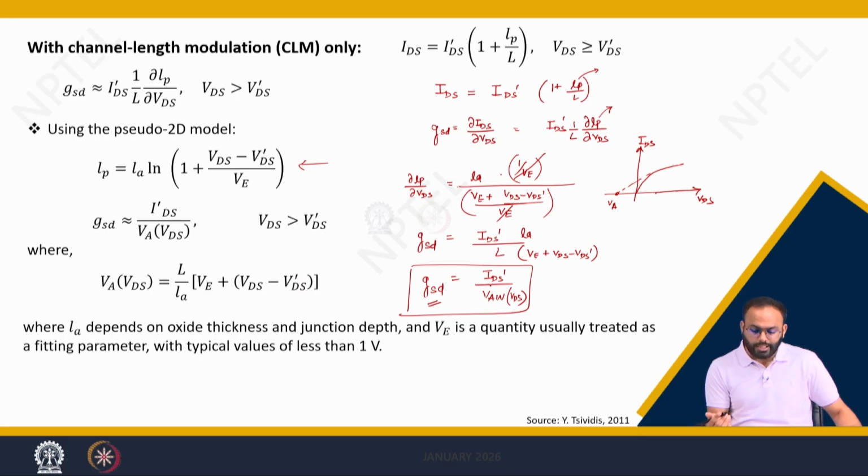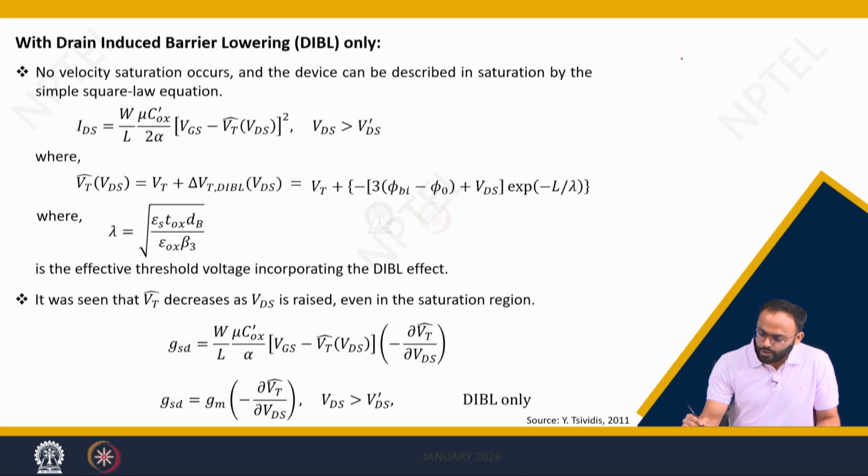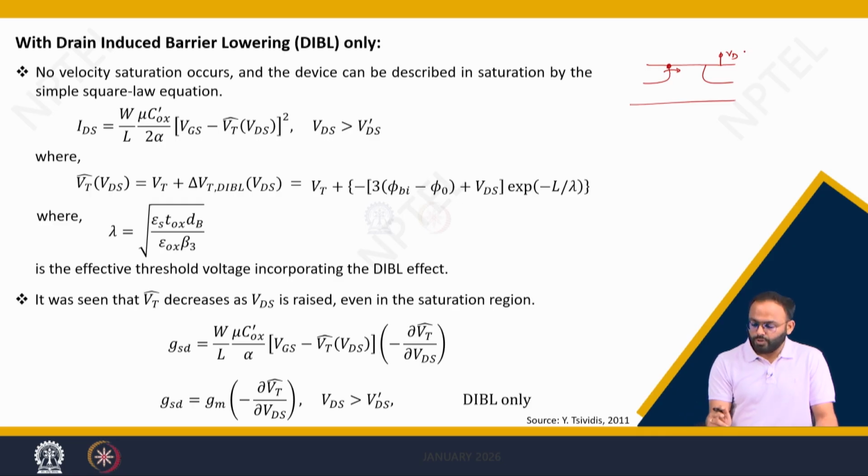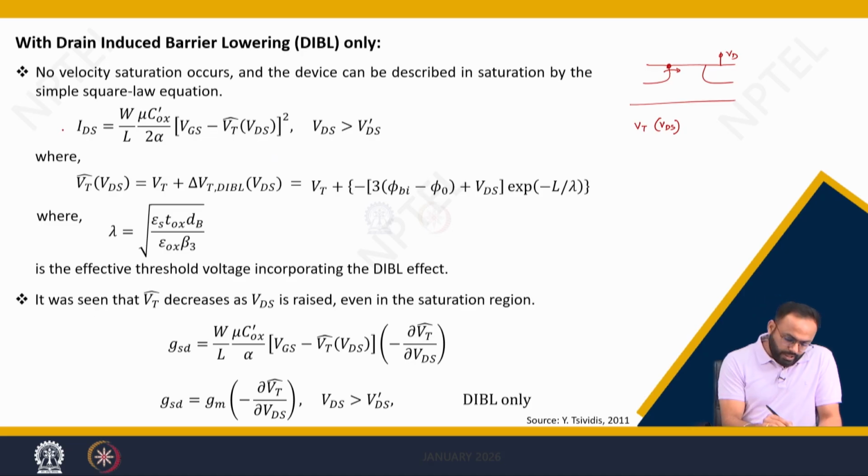Let us make another attempt to include DIBL. We said that when drain induced barrier lowering comes into the picture, meaning this is the source channel barrier and this is the drain voltage, the drain voltage affects the threshold voltage, and hence my threshold voltage becomes a function of VDS. In that condition also my GSD changes, because I can rewrite the equation as W by L mu into Cox dash into 2 alpha into VGS minus VT.